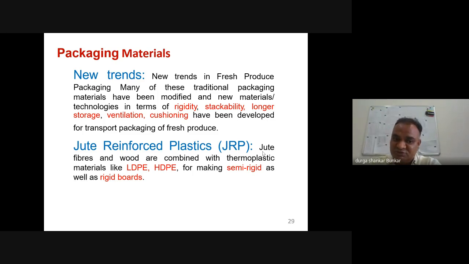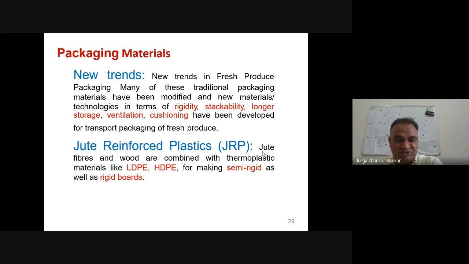These are important, and an example is JRP, jute reinforced plastic, which is the most favorable, or we can say the most recommended.